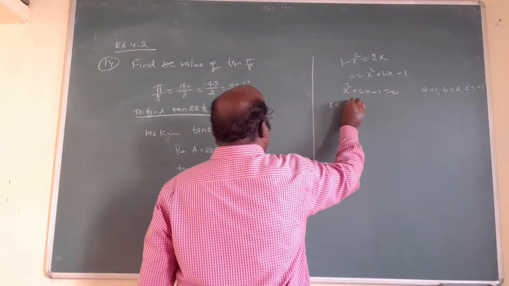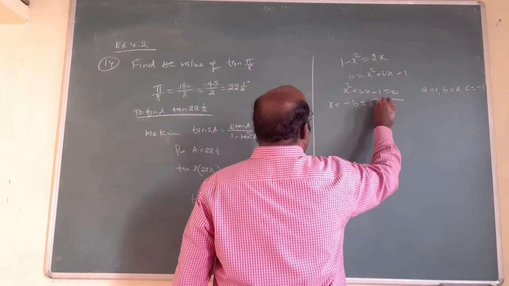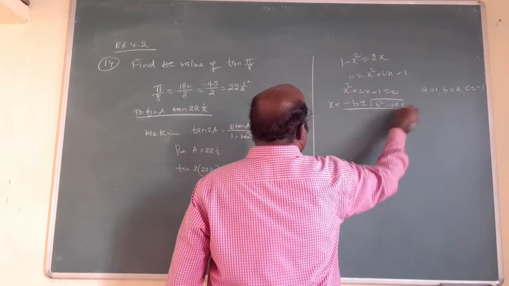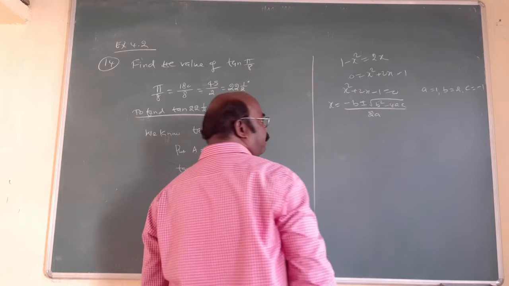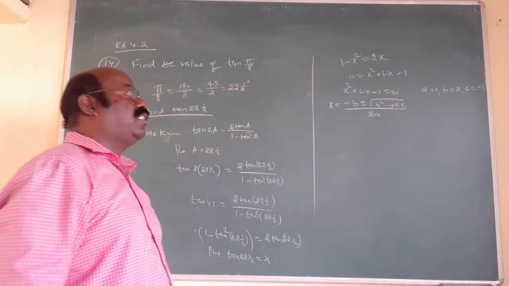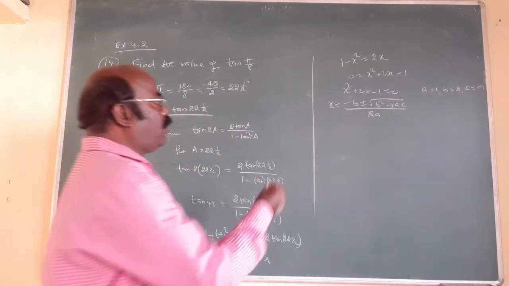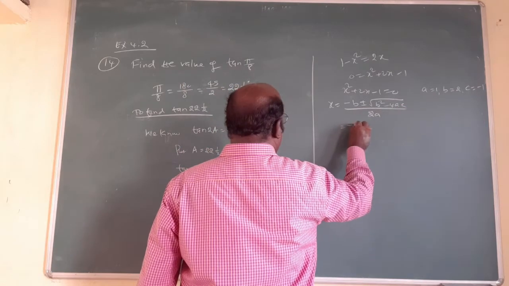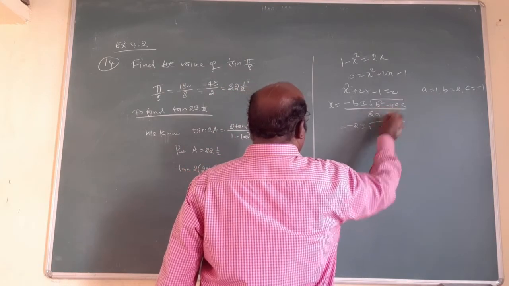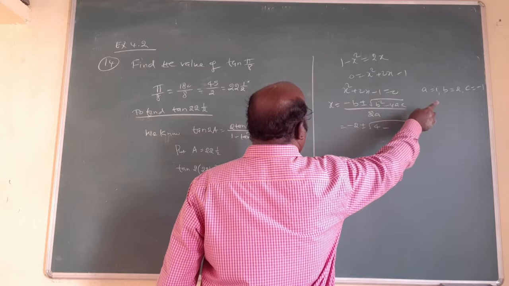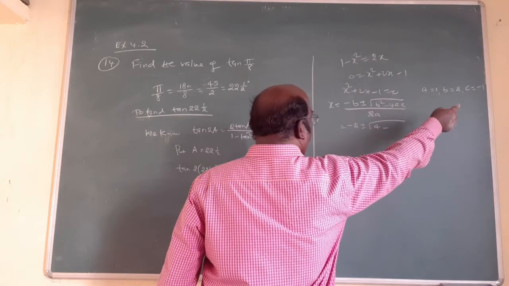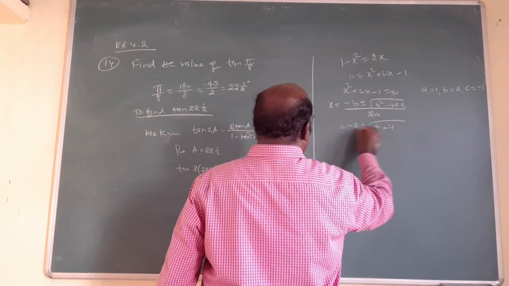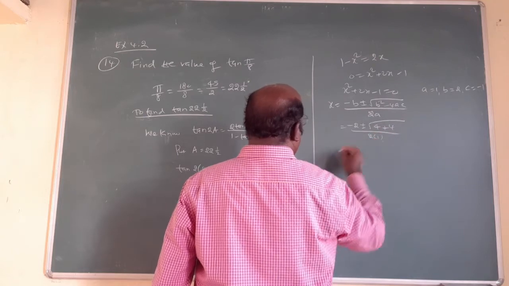What's the formula? Minus b plus or minus root of b squared minus 4ac, by 2a. Substitute here. B is 2, so minus 2 plus or minus root of b square, 4 into 1 into minus 1, that is plus 4. That time you understand: 2 into 1.